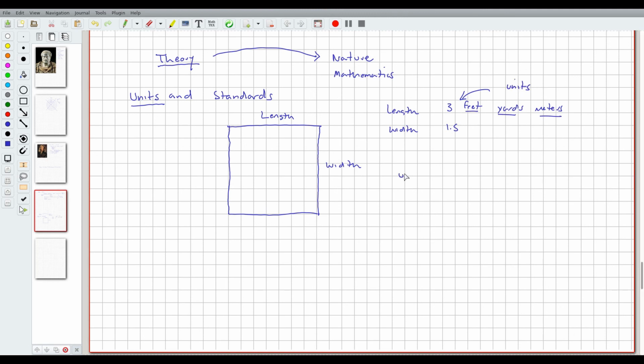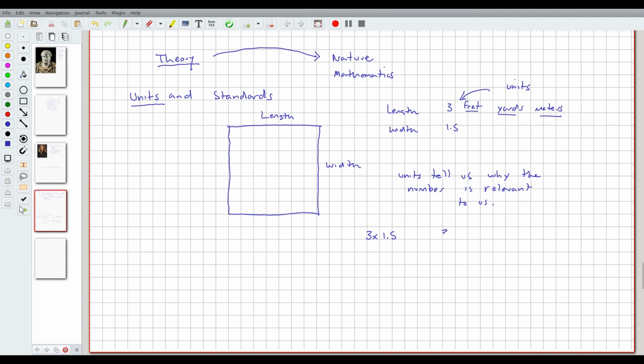So, units tell us why the number is relevant to us. Okay? So, for example, dimensions of a room that's 3 by 1.5 doesn't make sense.